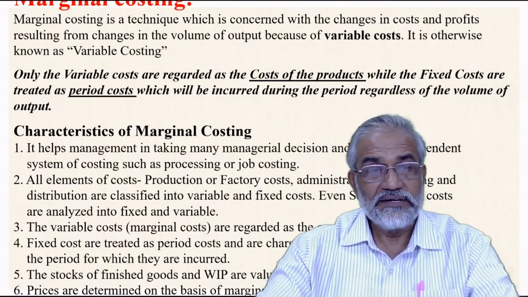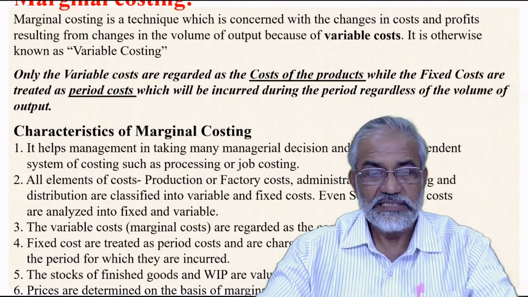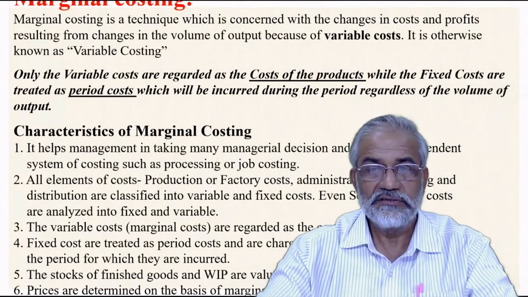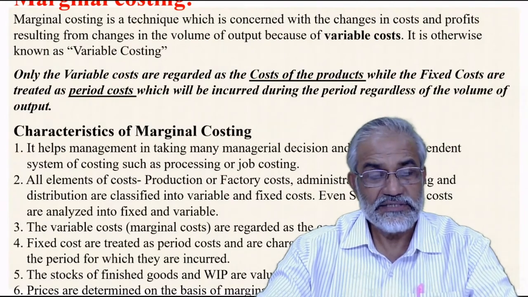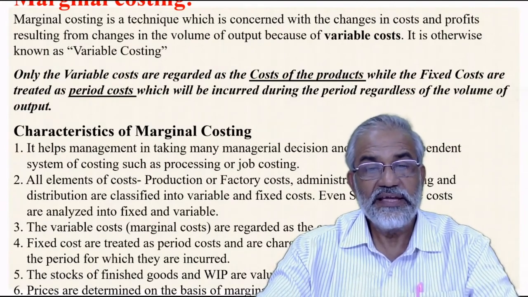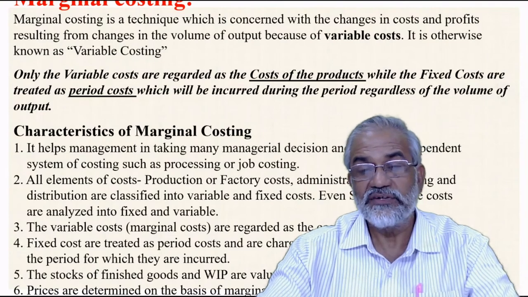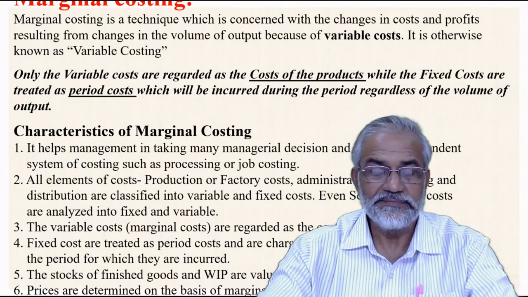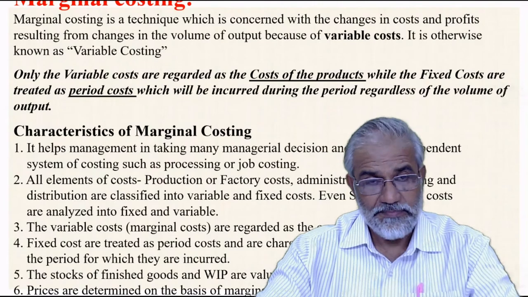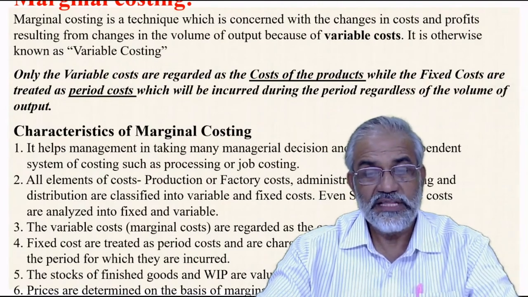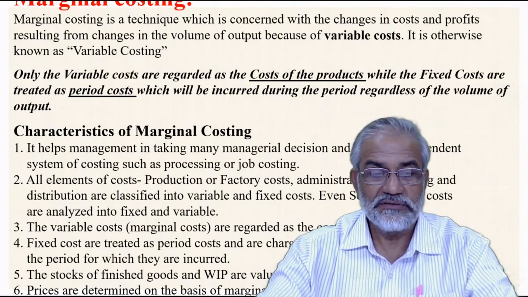The second characteristic of marginal costing is all elements of cost, that is production cost or factory cost, administrative, selling, and distribution cost, are classified into variable cost and fixed cost separately and distinctly. Besides this variable cost and fixed cost, there is another type of cost which is called the semi-variable cost.